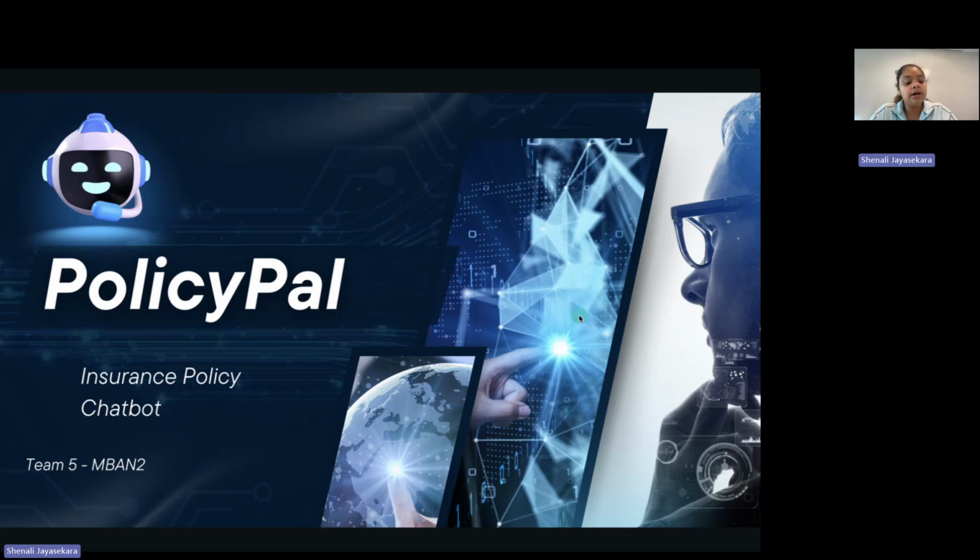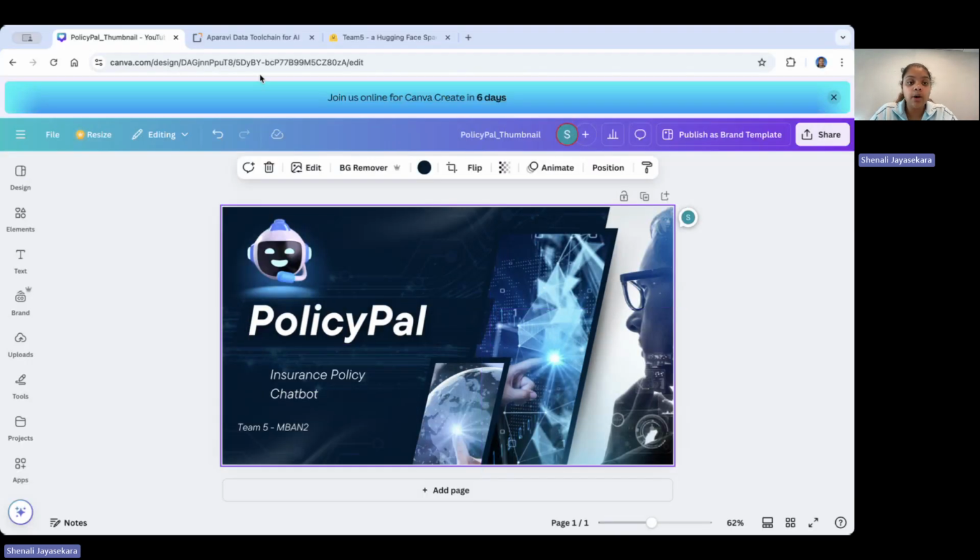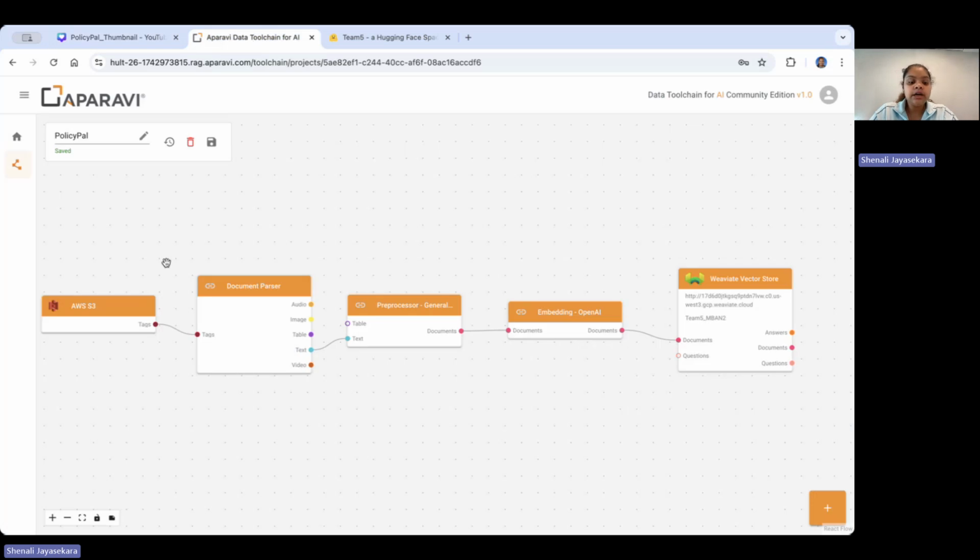Let's go through our Aparavi toolchain first to see what we did in our workflow. Here, we can see that we use Amazon AWS S3 to feed in our PDF documents and text documents. The flow then went into a document parser to parse all the documents, and a preprocessor to embed all of the unstructured data.